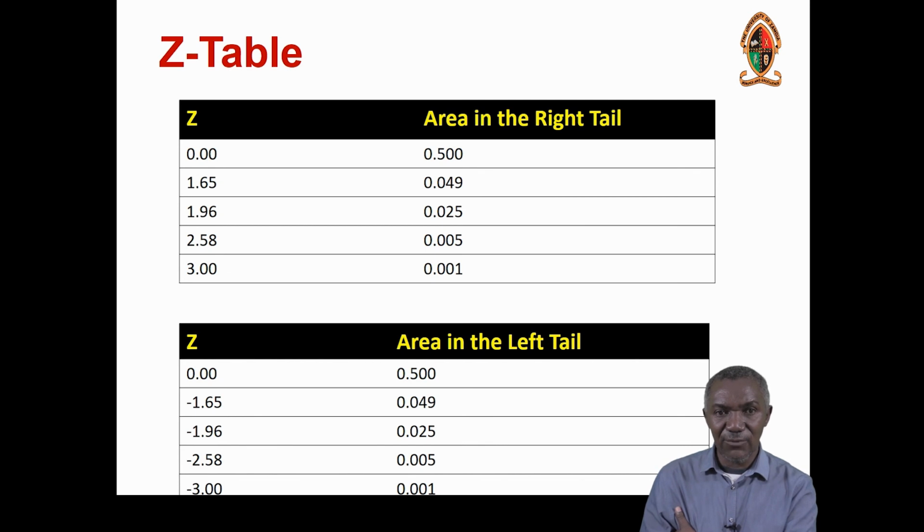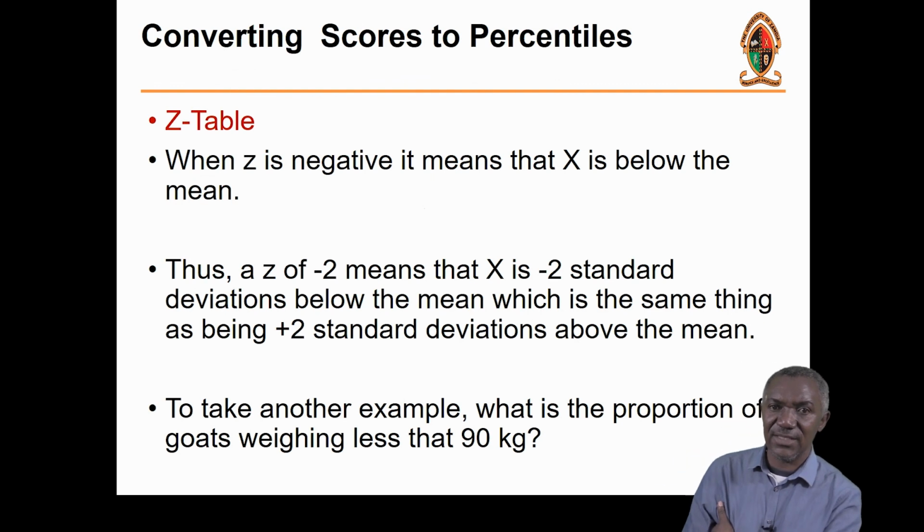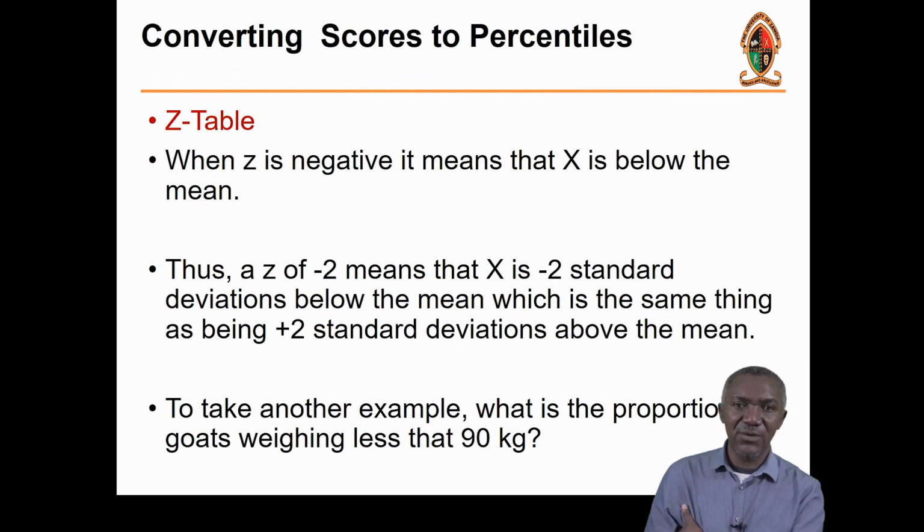If you remember, this is the 95% confidence interval that we normally use, the 1.65. So when Z is negative, it means that that particular observation lies below the mean.